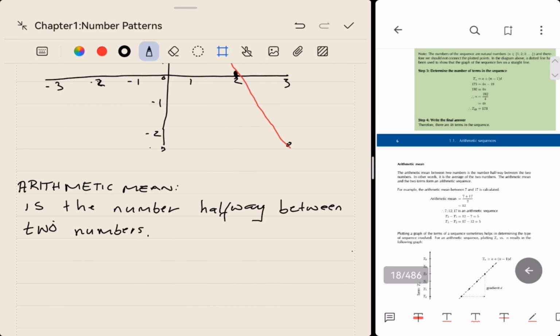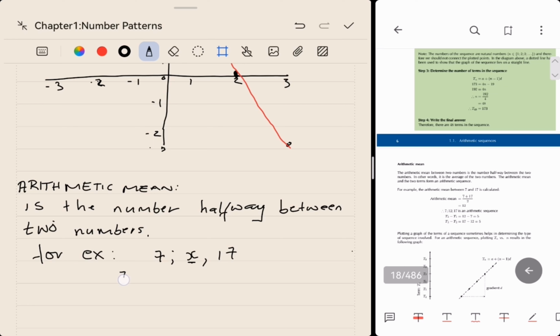Moving on, we have what we call the arithmetic mean, which is defined as the number halfway between two numbers. So for example, you would have n, that unknown number, and then you have 17. To find this number that is between two numbers, you would say it is just an average of the two numbers.